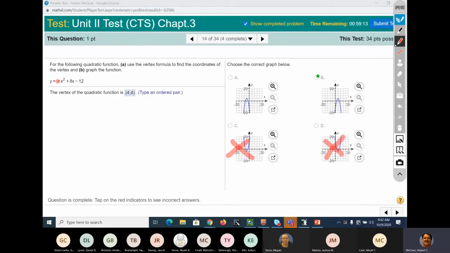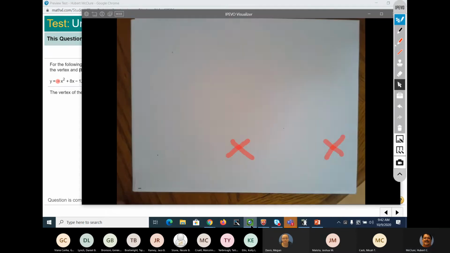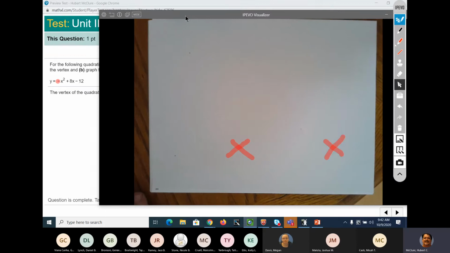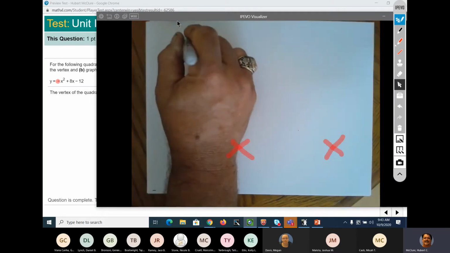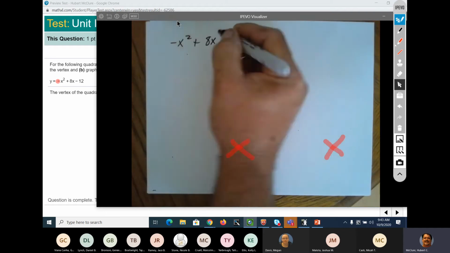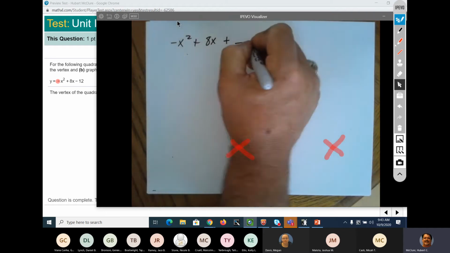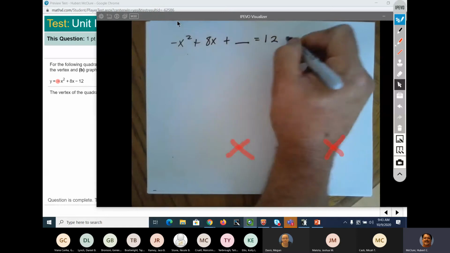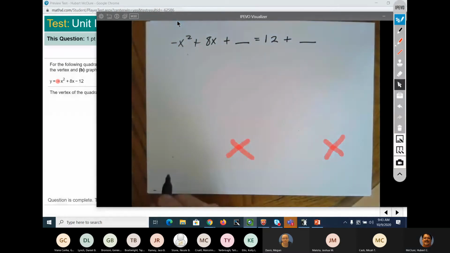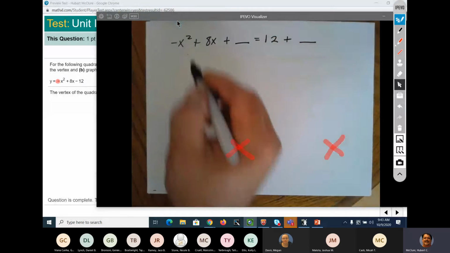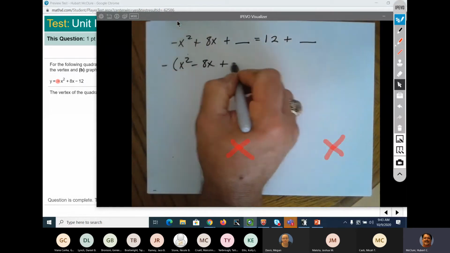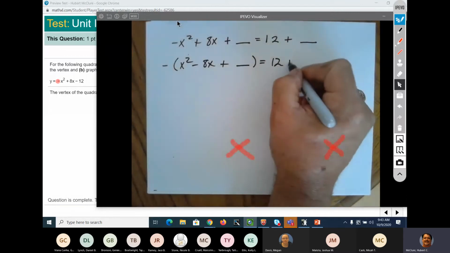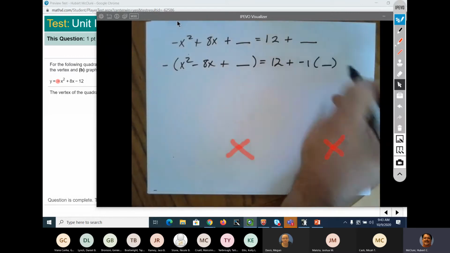So let's take our handy dandy completing the square and do -x squared plus 8x plus blank is equal to -12 plus blank. And that's going to give us a negative, and then x squared minus 8x plus blank is equal to 12 plus -1 times blank.